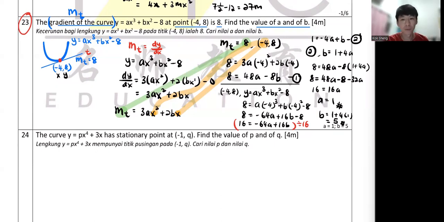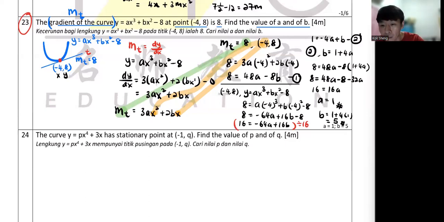So far, so good. This is a long step only for the 23. After this is 25. Okay, but again, you have to remember this. The dy dx is equals to mt. So this is the formula that can get you extra info, can get you extra equation, extra number for you to find the answer. The mt equals to dy dx. So until here first, anyone that is not done yet, you can let me know. We are moving on to 25.